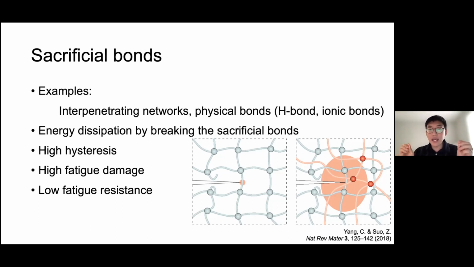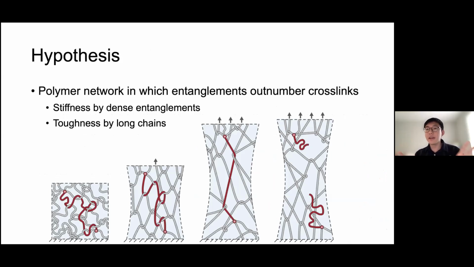That was a kind of material design principle. If you need tough materials, increase the hysteresis. But obviously, these kinds of materials are only tough under monotonic loading. For the second loading, it becomes brittle. It becomes weaker. You degrade the properties under cyclic loading.